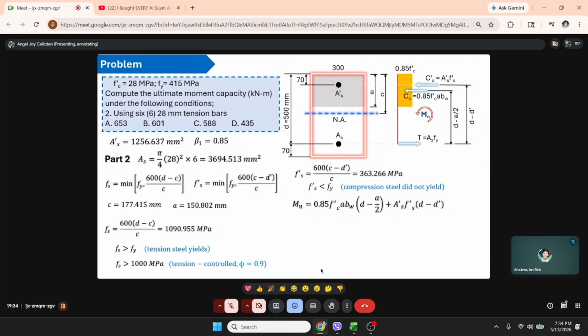And to solve for Mn, moment sa T, so 0.85, Fc prime na 28, a na 150.802, beam width na 300, effective depth 500 minus a over 2 plus AS prime na 1,256.637 multiplied by Fs prime na 363.266 times d 500 minus d prime na 70.